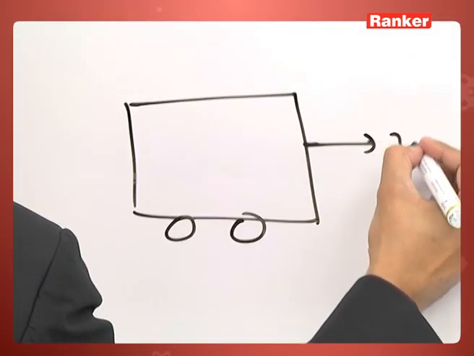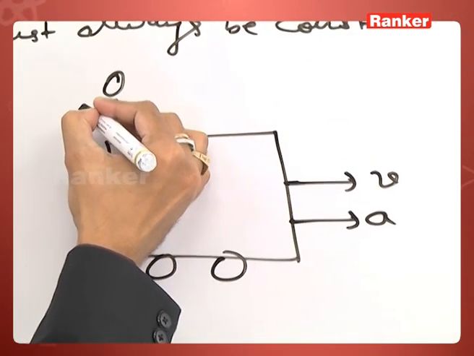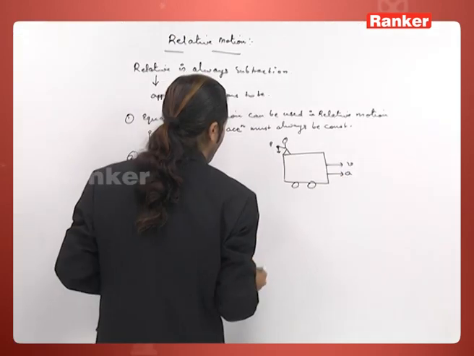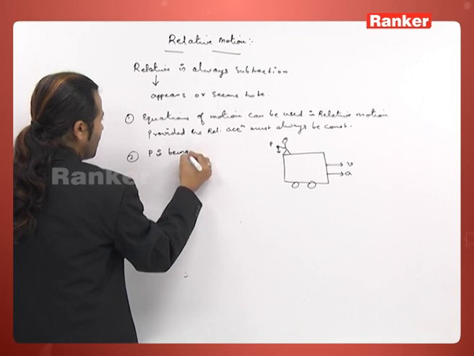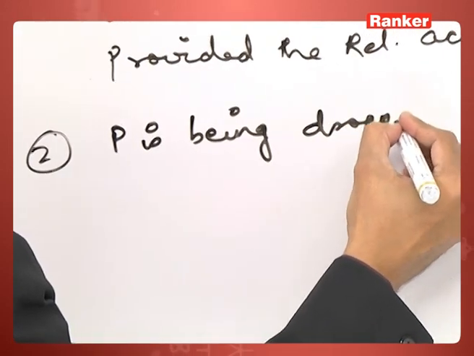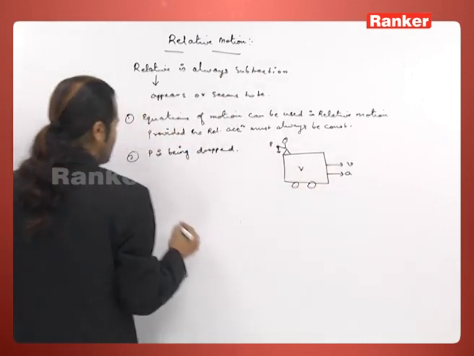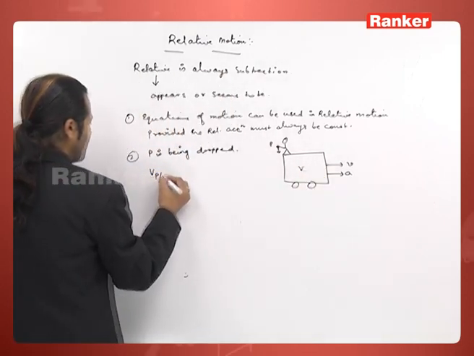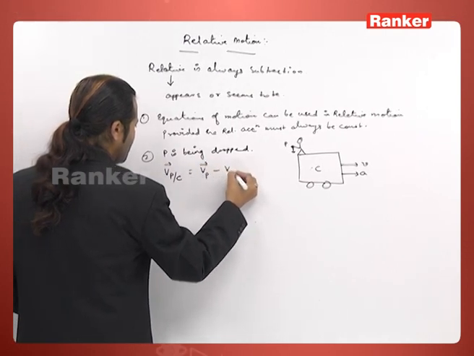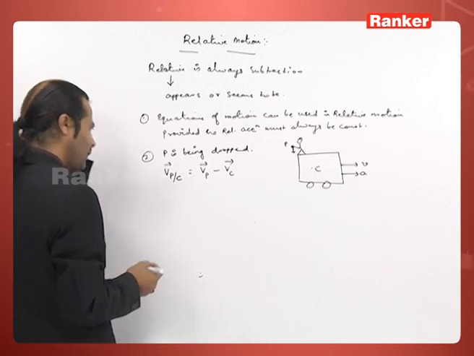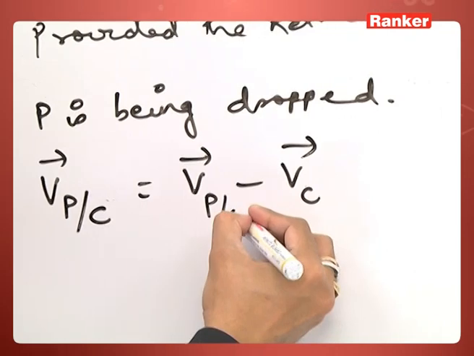Now let us take an example. A car is moving with velocity v and acceleration a, and a particle P is being dropped. So this is the vehicle. Relative is always subtraction.